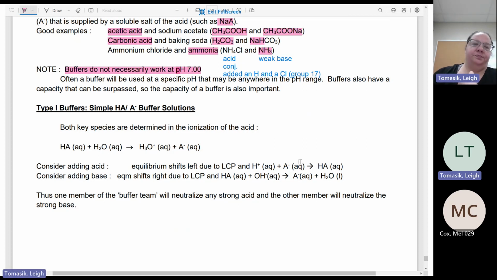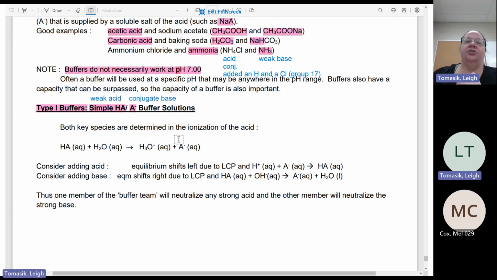Type 1 buffers. We have different types of buffers. A type 1 buffer is a weak acid and its conjugate base. HA is what we use to show that we have a weak acid, and A minus is the conjugate base.